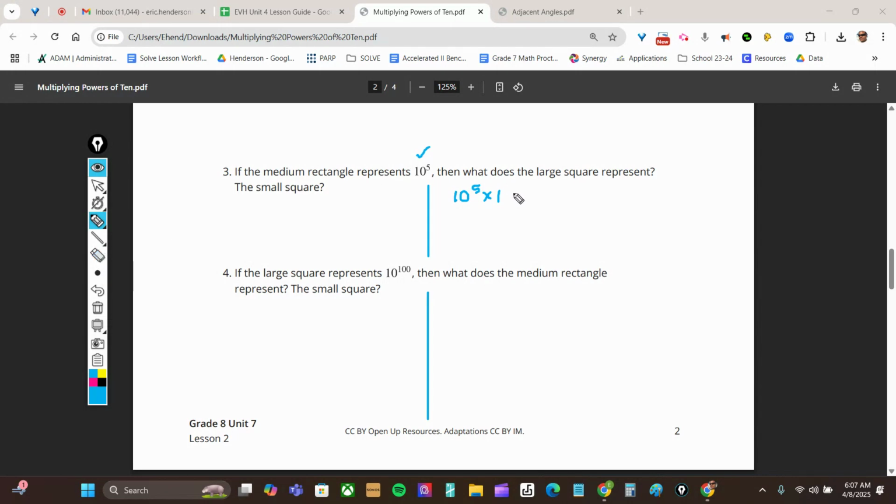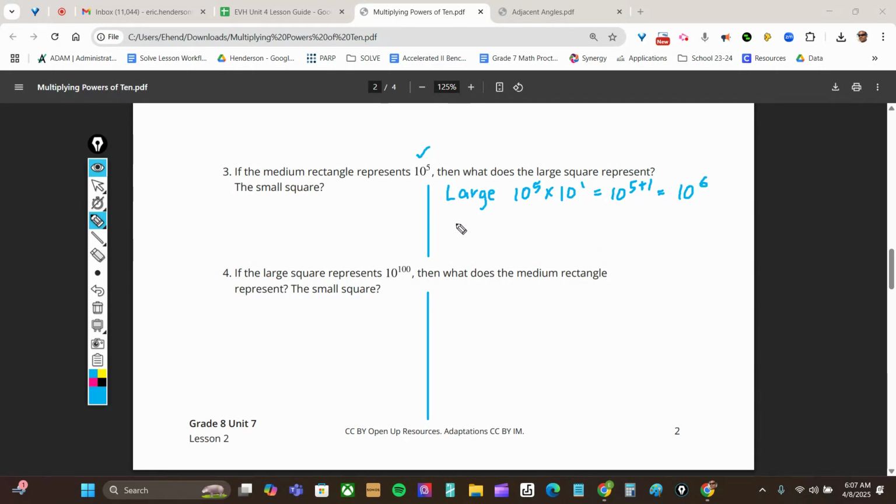Hold up, I wanted to say large, so we know what we're talking about here. So we're going to have 10 to the fifth times 10 to the 1, which is 10 to the fifth plus 1, 10 to the 6th for the large.